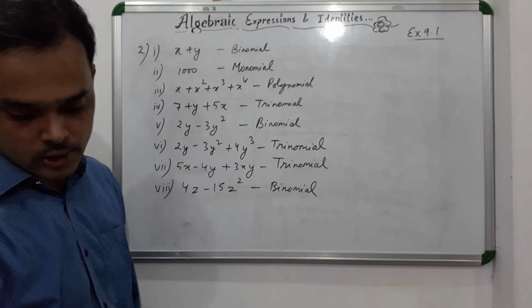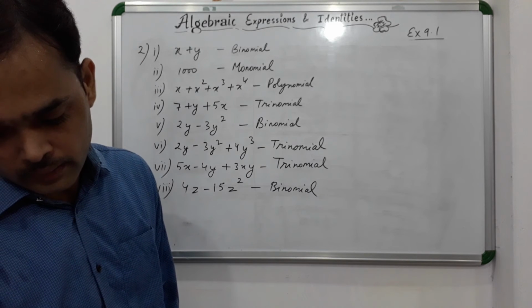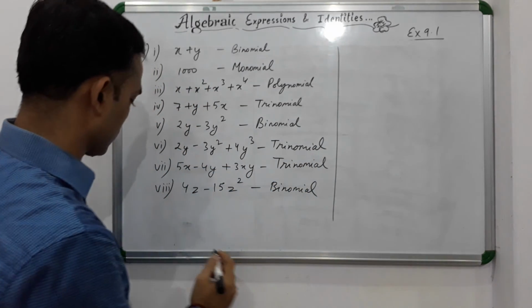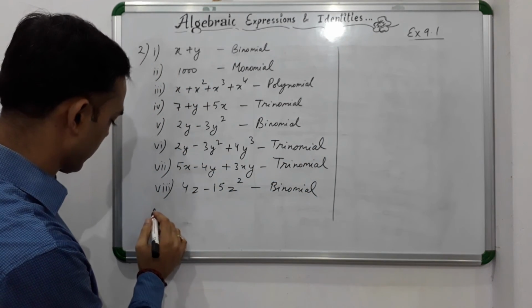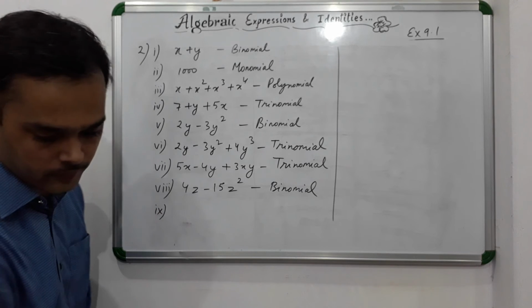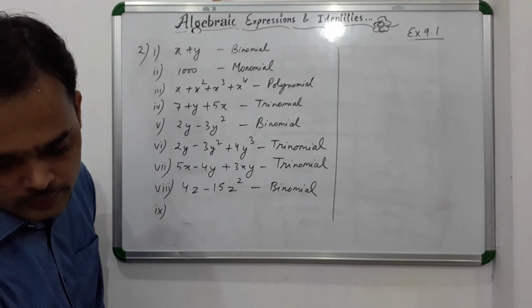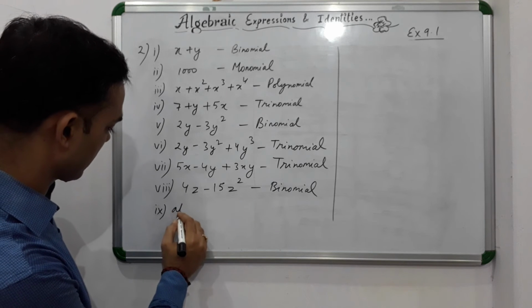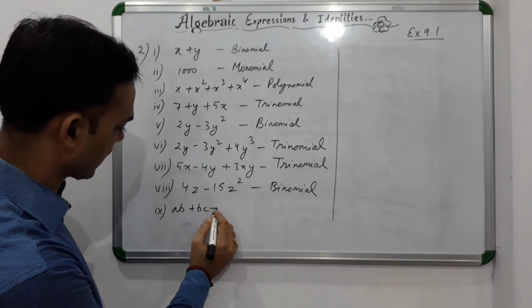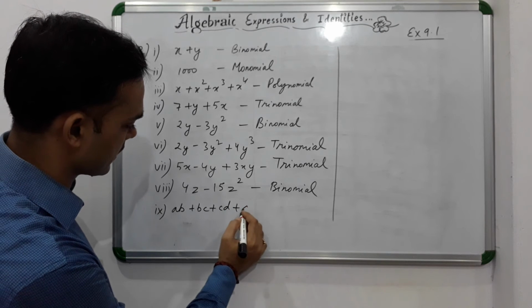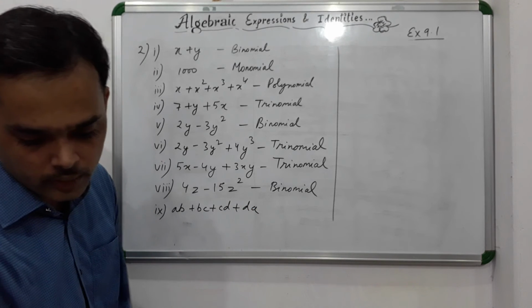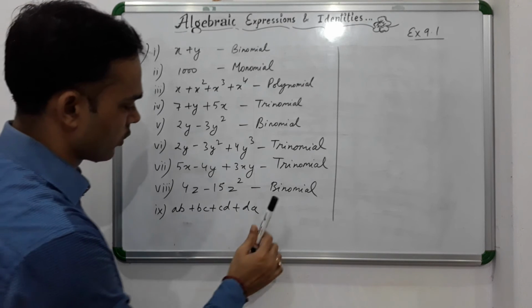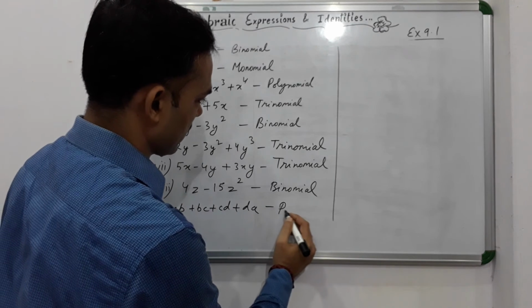Then let's move ahead and see the other questions, but before that let's do the 9th part here itself. In the 9th part, it is AB plus BC plus CD plus DA. So now 1, 2, 3, 4, it means it is polynomial.